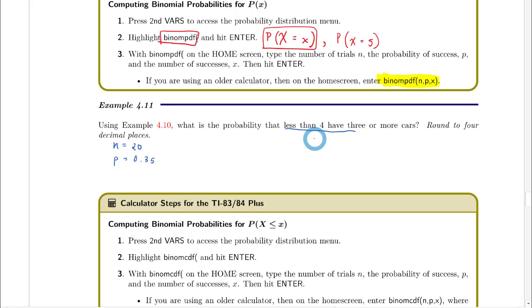So we can recall our inequality worksheet. That means that little x will be equal to 4, and then big X, in the event, remember, that a household has 3 or more cars, is going to be strictly less than little x, which is 4.